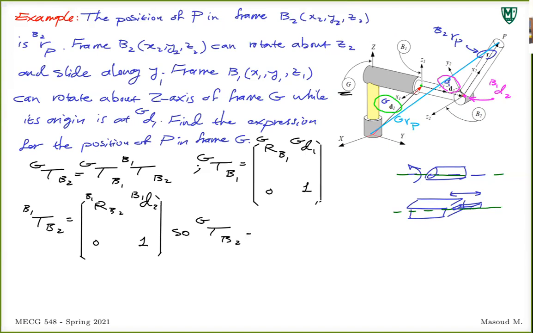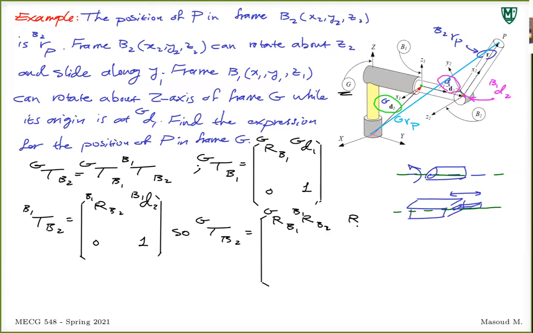So if you multiply these, there you go, right there. And then R B2 to G becomes R B1G times R B2B1.